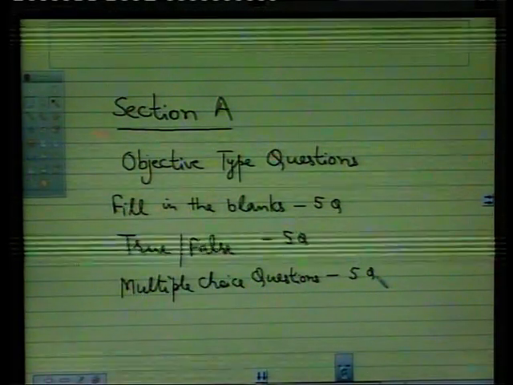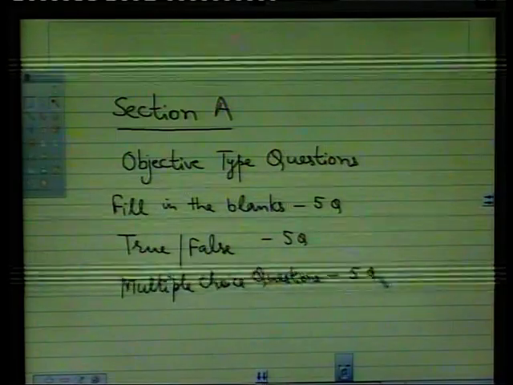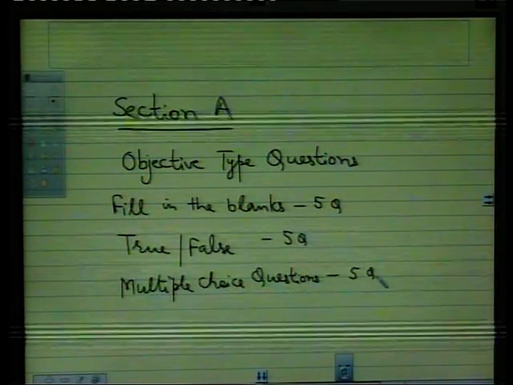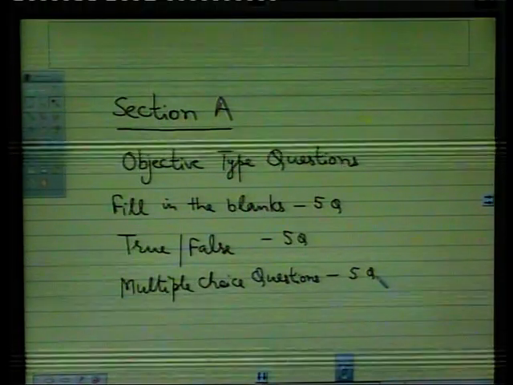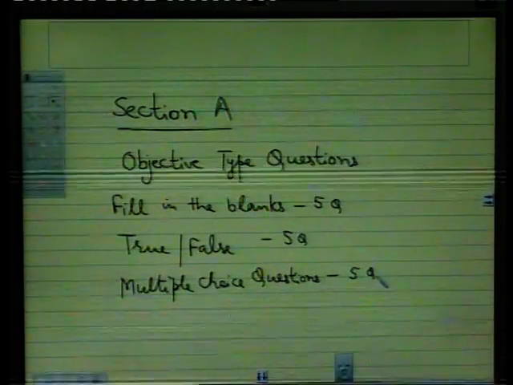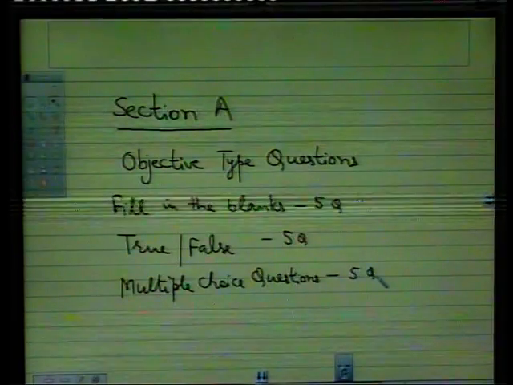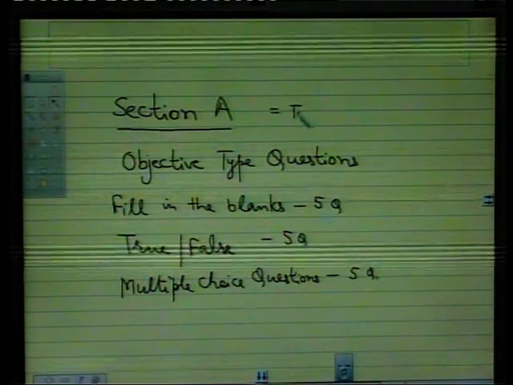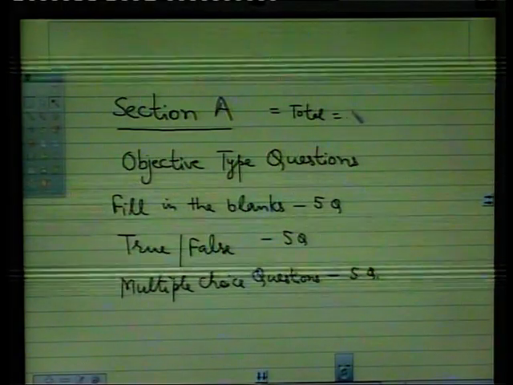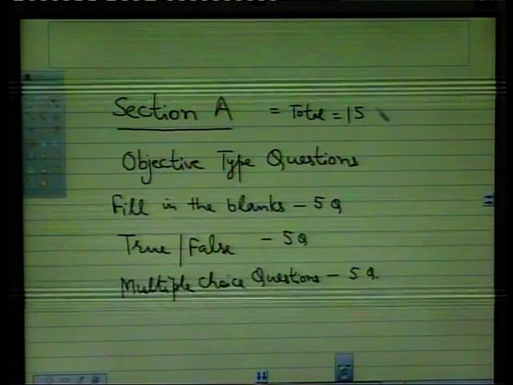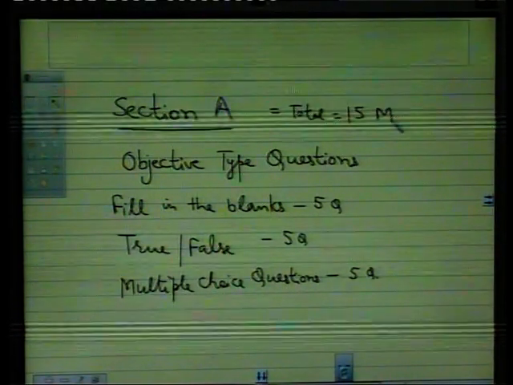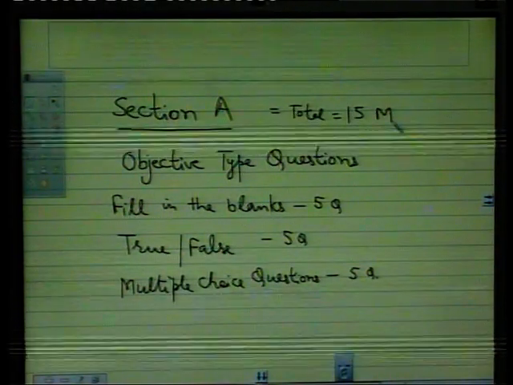So, this section A consists of objective type questions, which have fill in the blanks, true false and multiple choice questions. In total, this section A is of 15 marks, and this section is very important.